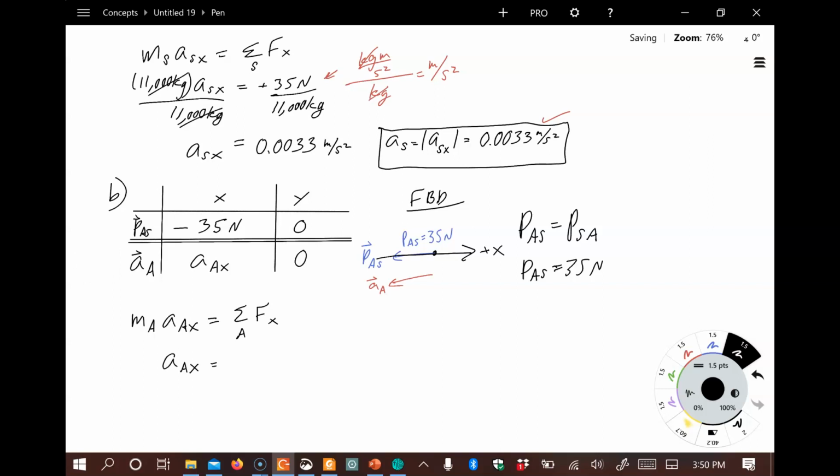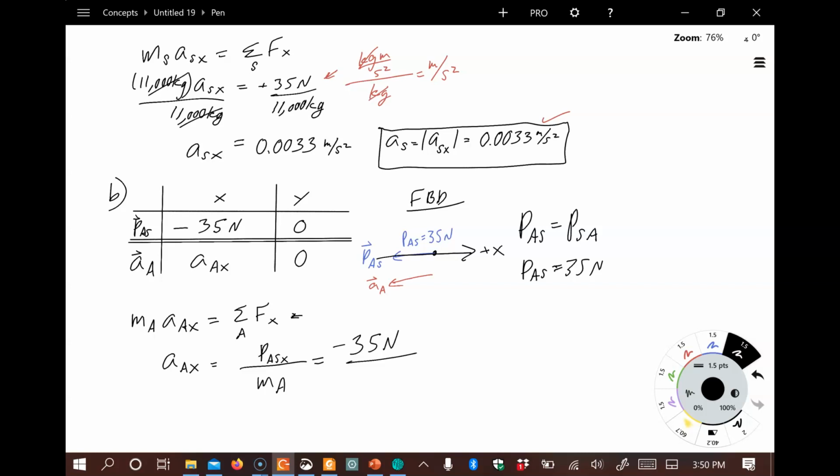So for acceleration, we can divide the whole side by the mass of the astronaut. And the sum of the forces here only includes one term, right? This is just the push force on the astronaut by the space shuttle in the x direction, right? Let's put our values in. So this is equal to minus 35 newtons from our table.